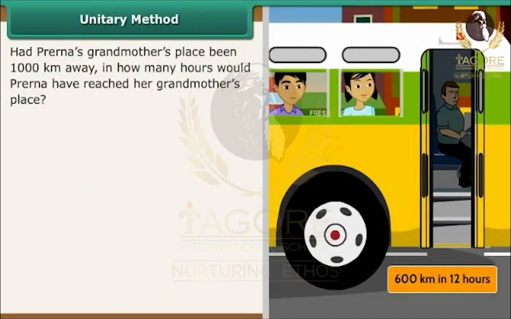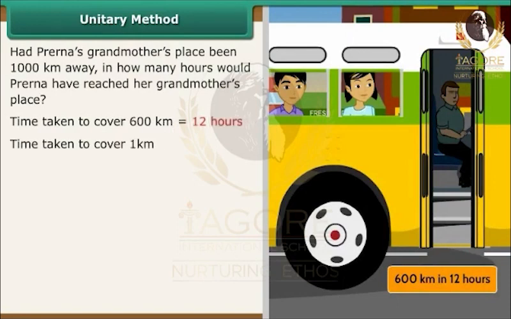Had Prerna's grandmother's place been 1,000 kilometers away, in how many hours would Prerna have reached her grandmother's place? Time taken to cover 600 kilometers is equal to 12 hours. Time taken to cover 1 kilometer is 12 divided by 600 hours.